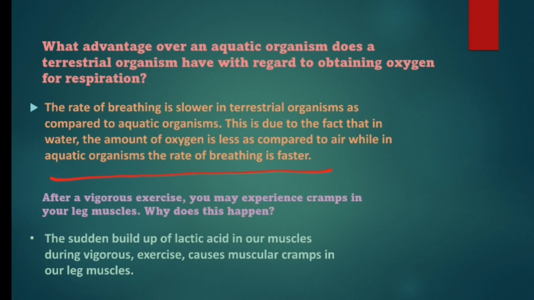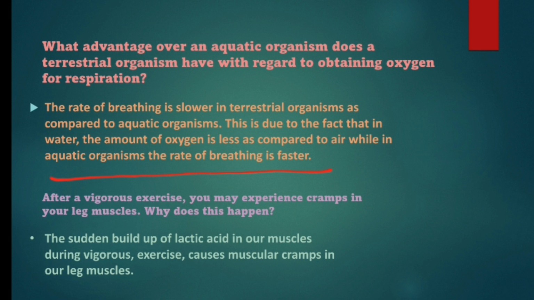Okay. After a vigorous exercise, you may experience cramps in your leg muscles. Why does this happen? So you have studied two types of respiration. One is aerobic and one is anaerobic respiration. So what happens when you continuously do any physical activity? There is a cutoff of supply of oxygen.